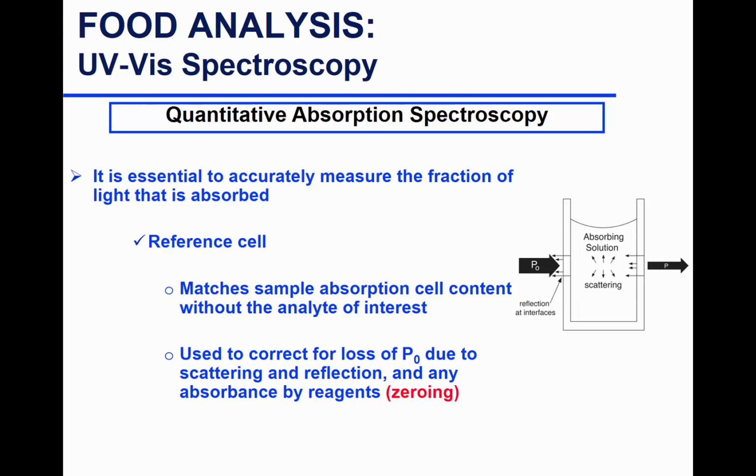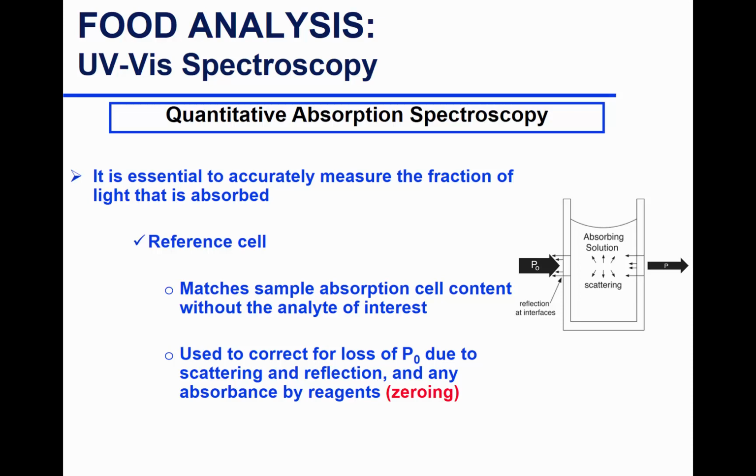The blank could be as simple as water or a buffer or any reagent composition that your sample is dissolved in or prepared in, to account for any interference or absorption by reagents, to account for scattering and reflection, so the scattering of light and the reflection of light. So you always run a blank to account for all of this, and we call this zeroing.